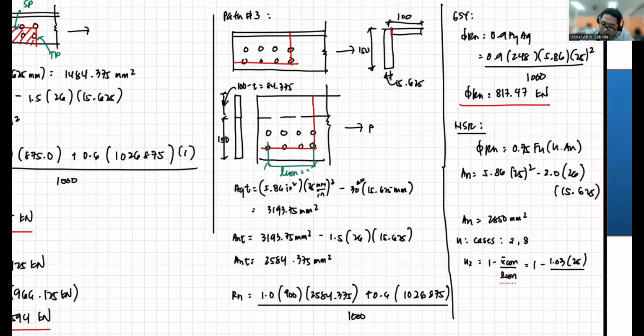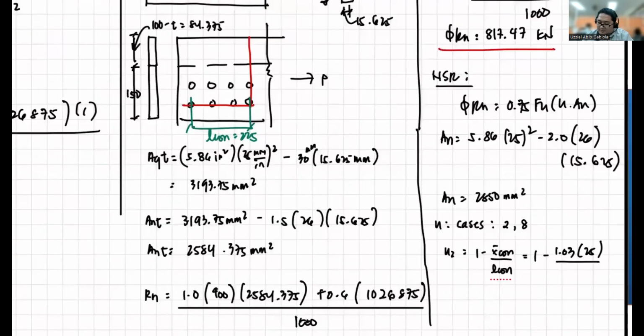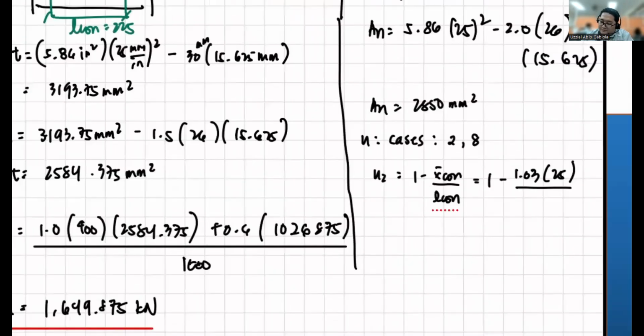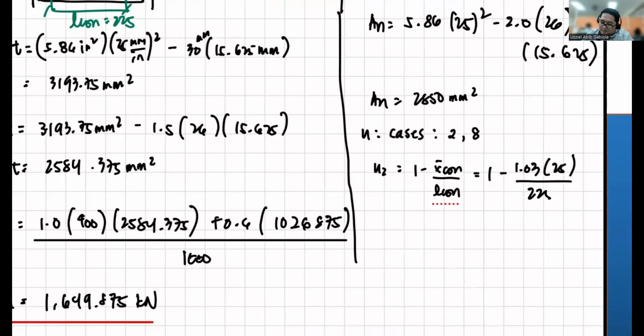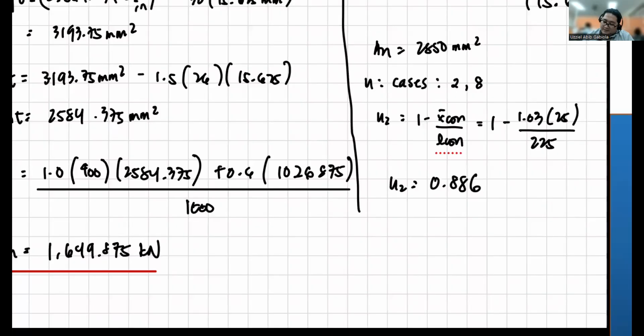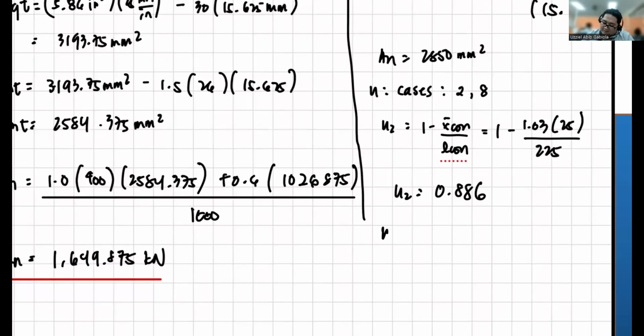So that is 225. So U2 is equals to 1 minus 1.03 times 25 over 225. That is 0.886.